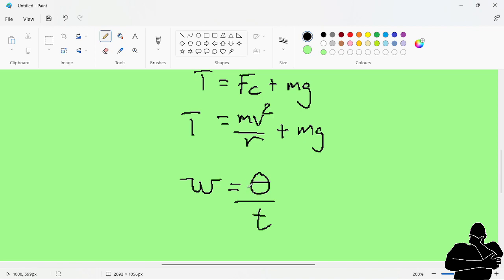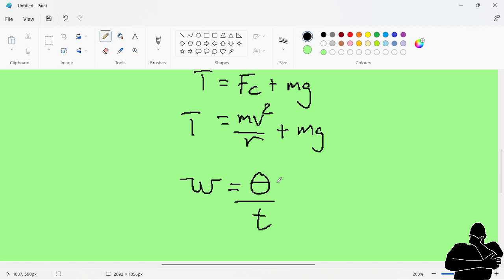Now, we want to convert this to linear speed. How do we convert omega to linear speed? Well, angle times the radius of the circle gives us the length of the arc swept out by the angle. The length of the arc swept out by the angle is going to more or less give you the linear speed, or the linear distance.